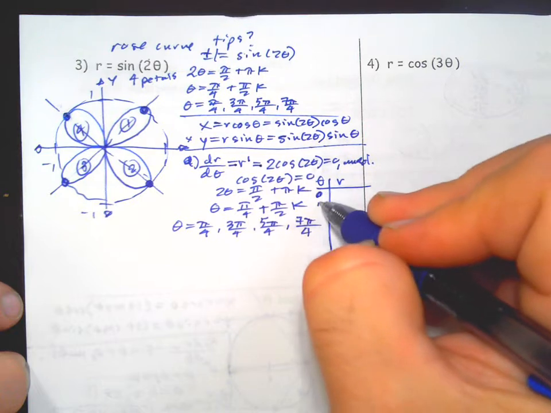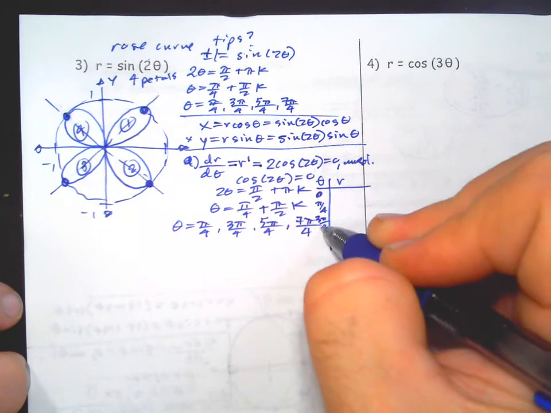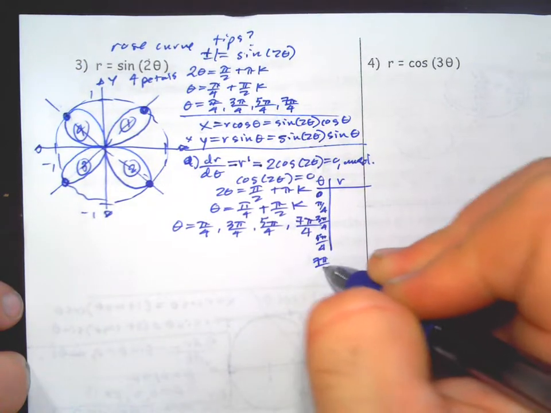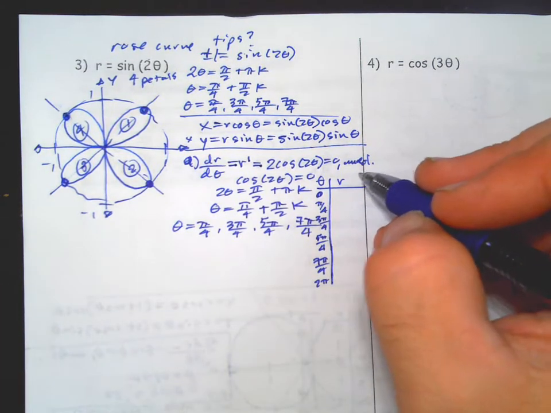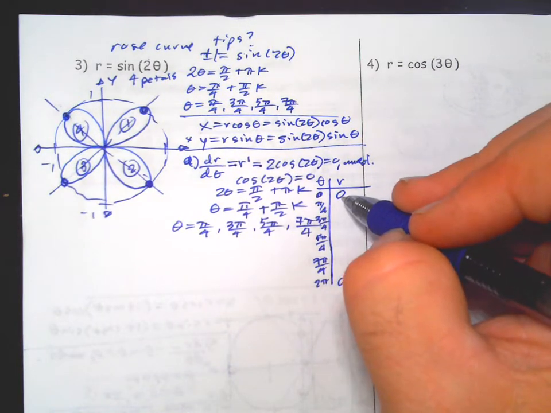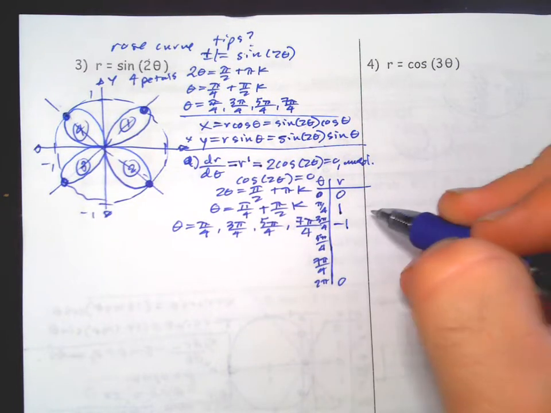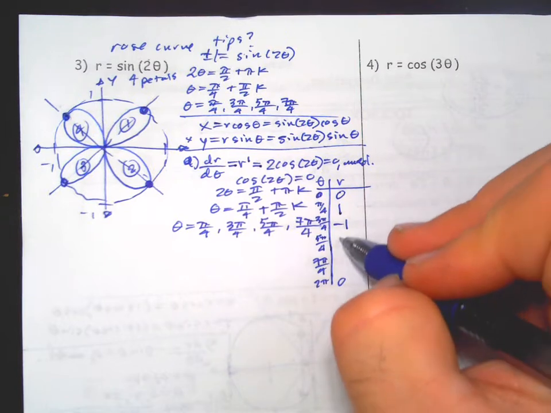I guess we could put the endpoints in just to make it official. Okay, so if you plug 0 in there, you get 0, and 2 pi, you get 0. Now if you plug in pi over 4, you get pi over 2, which is 1. And 3 pi over 4 would be 3 pi over 2, which would be negative 1. And 5 pi over 4, that would be 5 pi over 2, which would be pi over 2, which would be 1, and that would be negative 1.